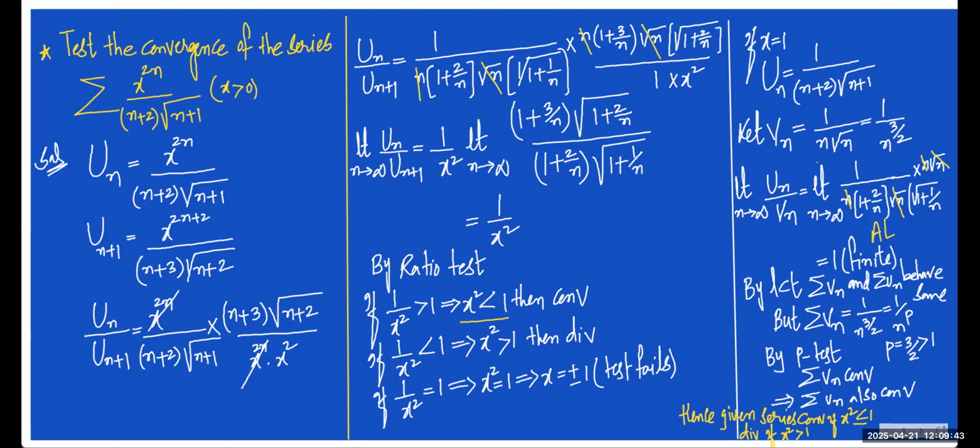This is the end of this problem. Don't forget to write the yellow part last, because I'm not getting sufficient space; that is why I'm writing it in a complicated way, but you have to write neatly. This question has also been given many times in exam papers.